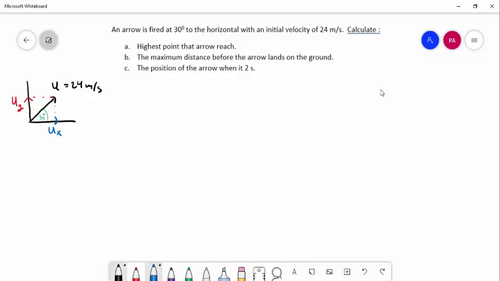Even though the question didn't ask us to calculate them, we need to calculate them first. So the initial velocity for the x component is 24 times half square root 3.